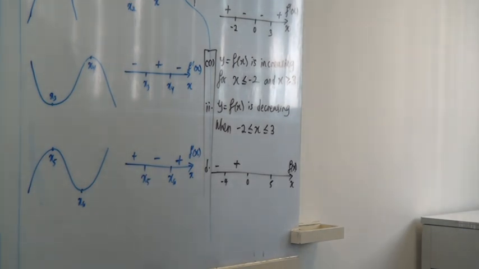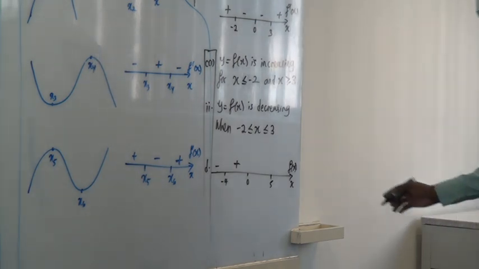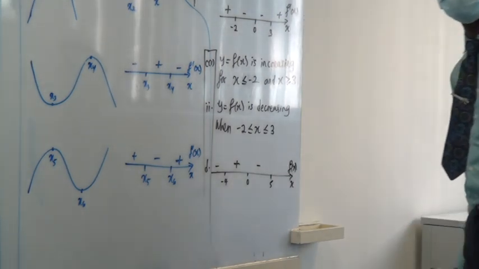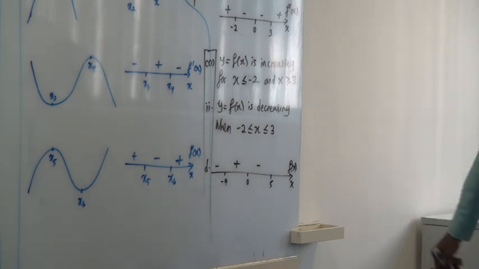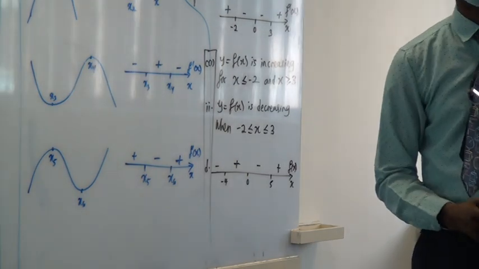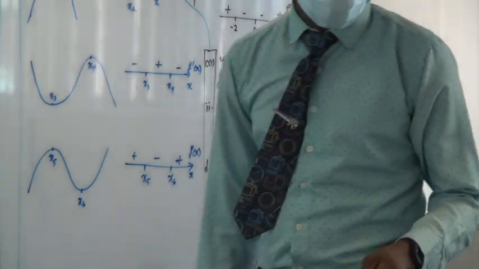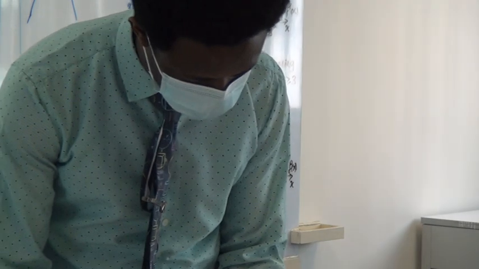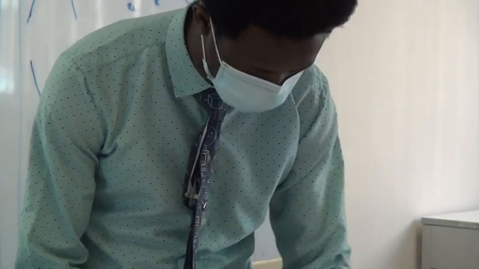Between 0 and 5. Speak louder. Negative. Everybody agree with her? Okay. After 5, everyone? Positive. That's it.